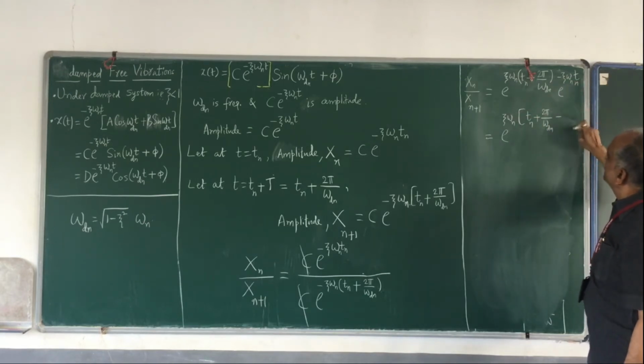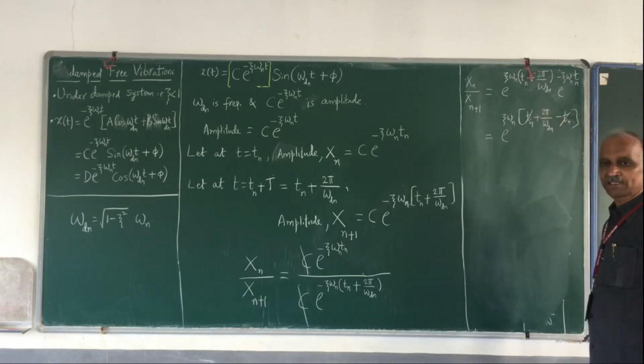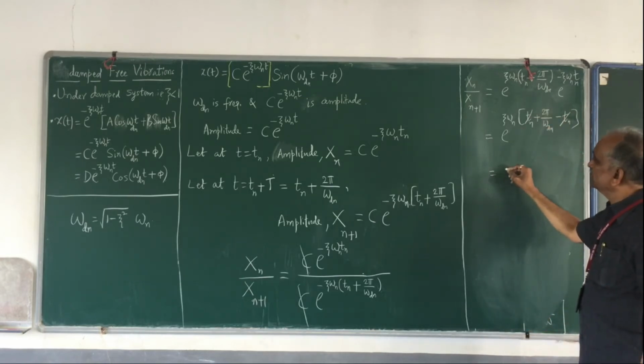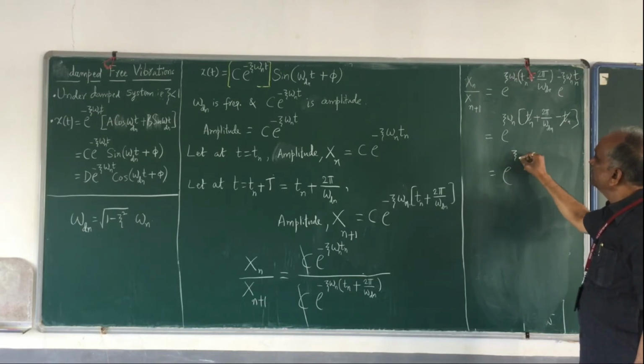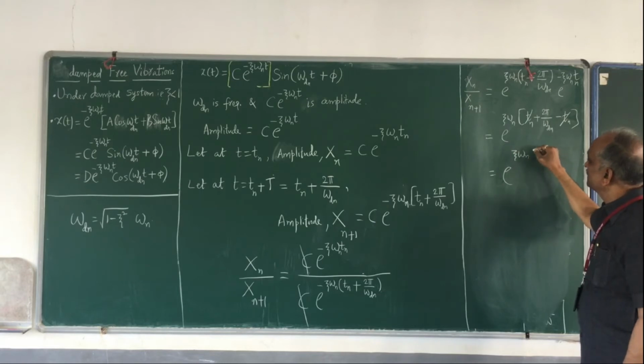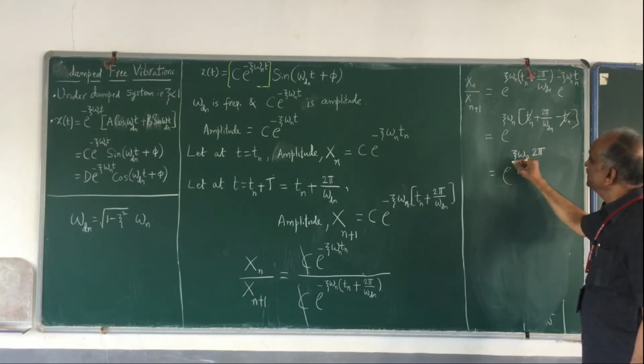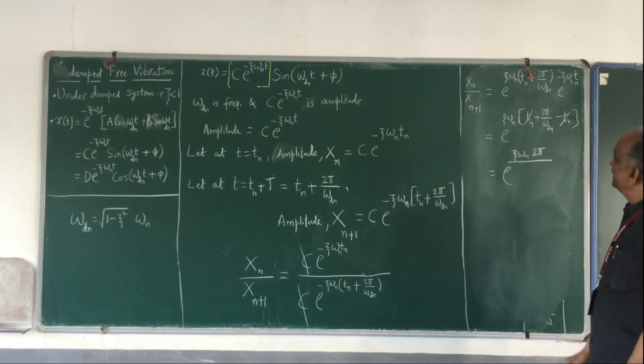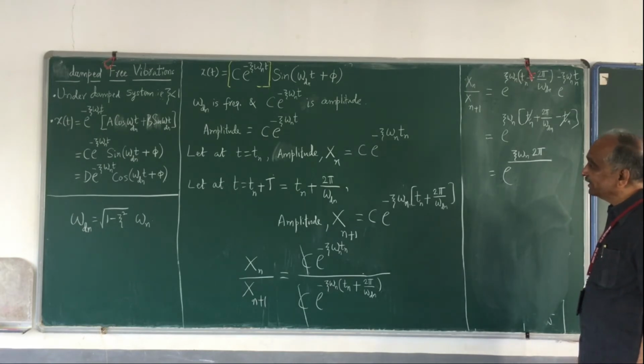What is remaining? It is Tn. So this Tn and this Tn cancels. So this is nothing but e raised to zeta omega n into 2 pi. So I can write it, maybe in the next step I shall write it in the beginning. 2 pi divided by omega dn. What is omega dn?